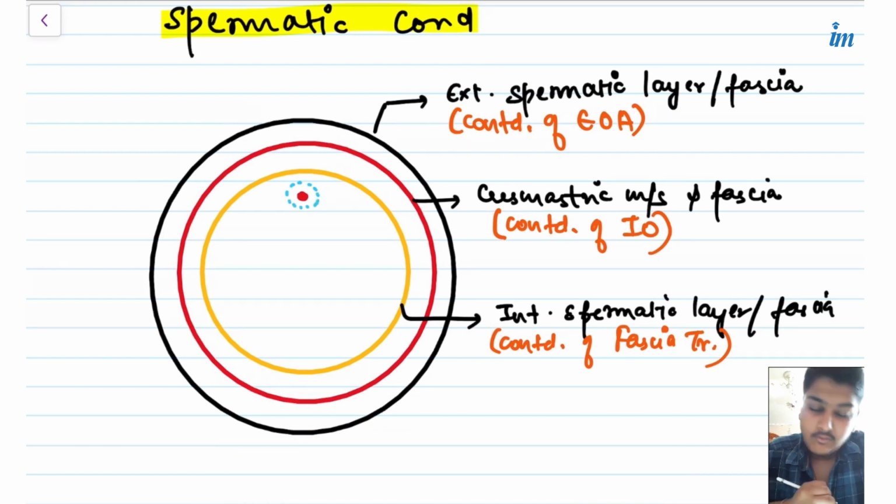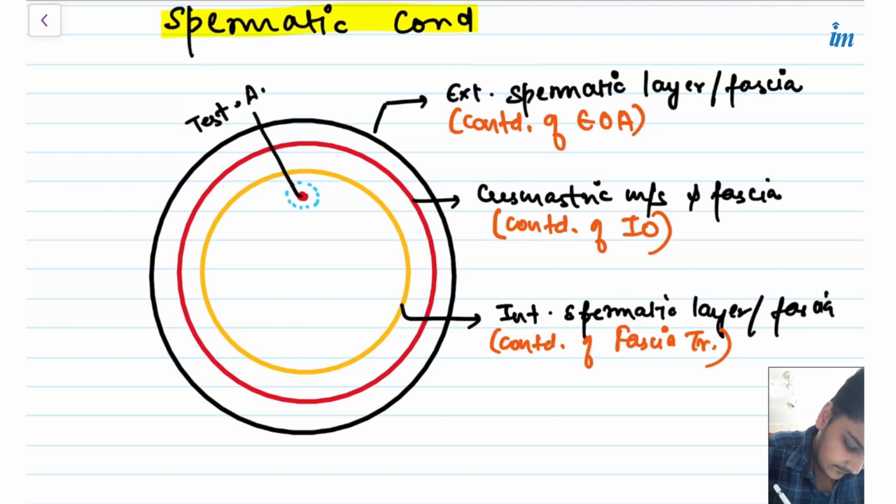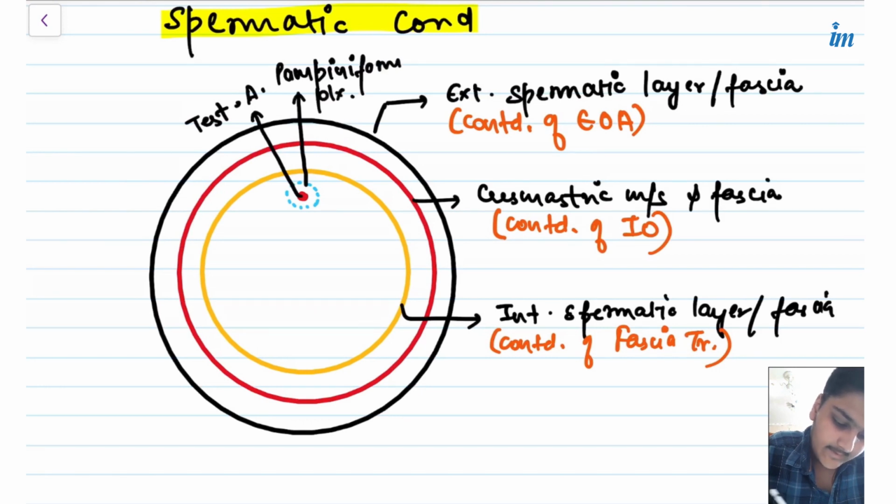This plexus around the testicular artery is made up of testicular veins, and this plexus is known as pampiniform plexus. So here you have the testicular artery and this is the pampiniform plexus that is made up of testicular veins only.